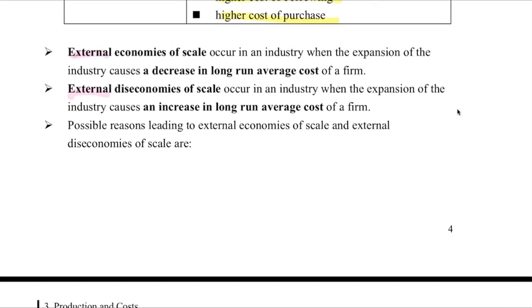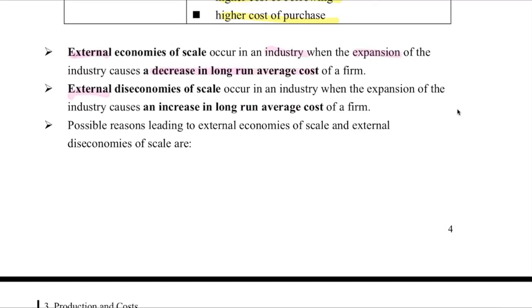For external, it means that the industry expands, not our firm. For example, more companies join the market, but we don't do anything; we just keep the same size. In this case, it's external economies of scale. So it's an industry expansion, then a decrease in average cost.